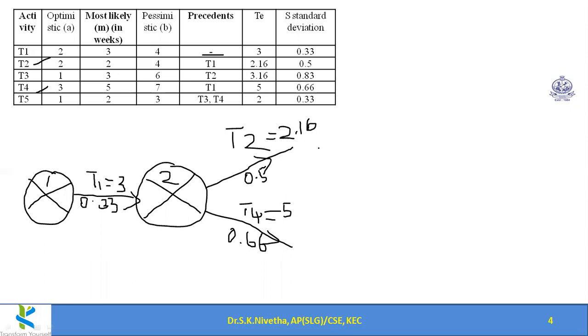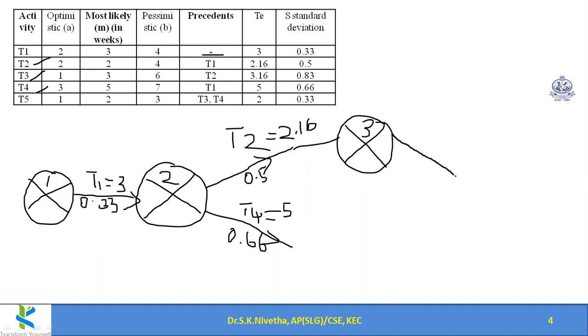So once T2 is over, we'll be ending with an event. T2, T4 both are started. T2 is over means we'll be ending up at event 3 and from this we can start T3.